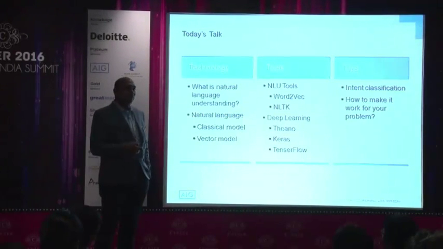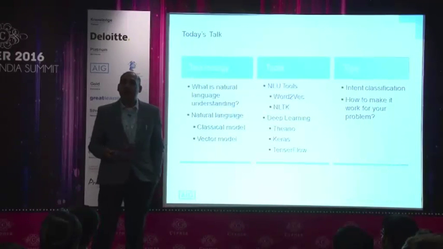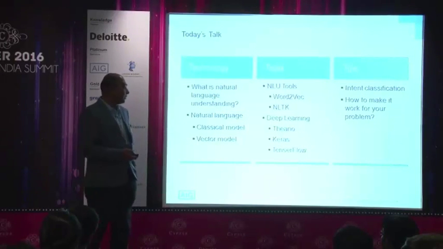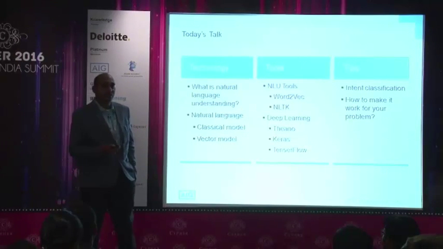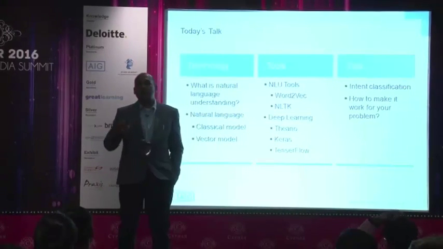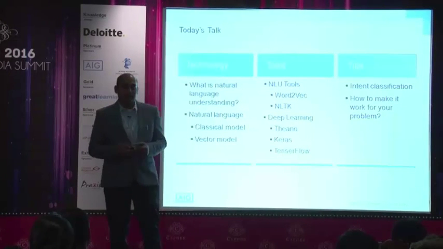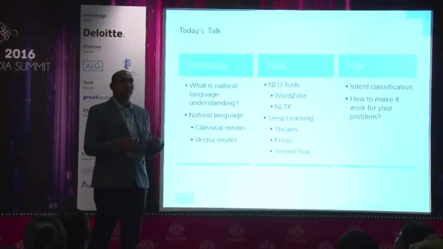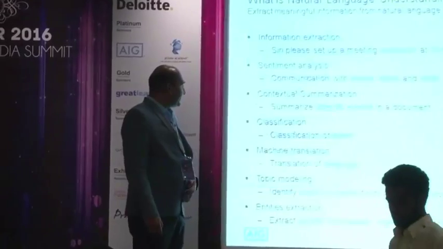We will also touch on the generic deep learning tools and how we use them in natural language. Finally, I'll take up a use case, which is intent classification, and walk you through it. As you understand more and more, you will probably be able to make it work for your own problem. Sounds good? So let's start.